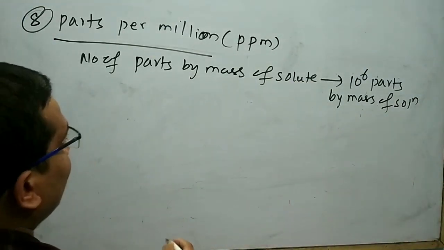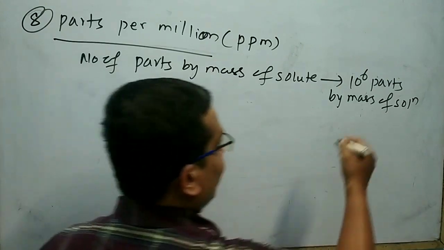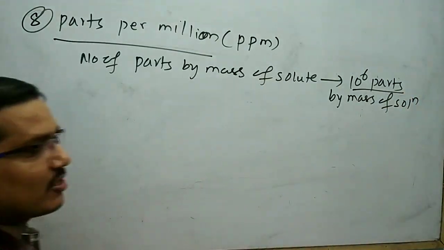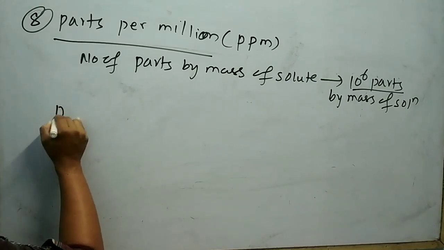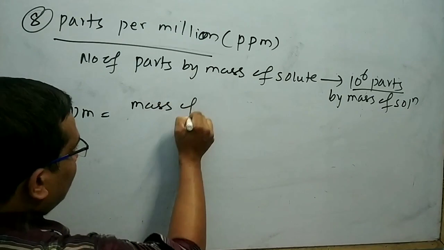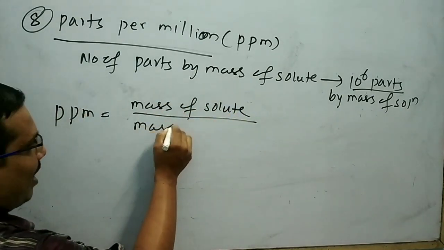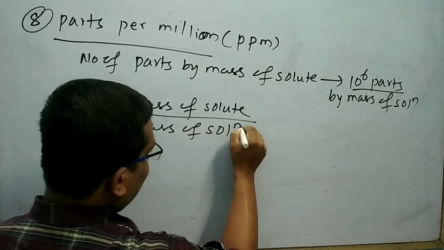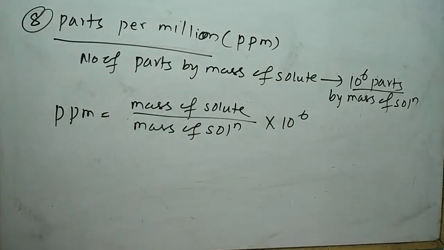How many parts by mass of solute present in 10 to the 6 parts by mass of solution? That is called ppm. Mathematically, ppm equal to mass of solute divided by mass of solution into 10 to the 6. This is the formula for the calculation of ppm.